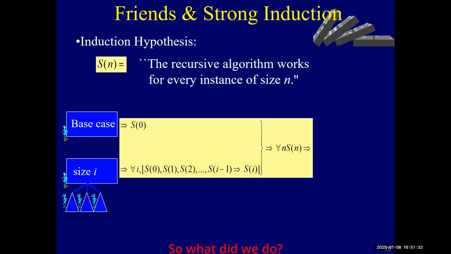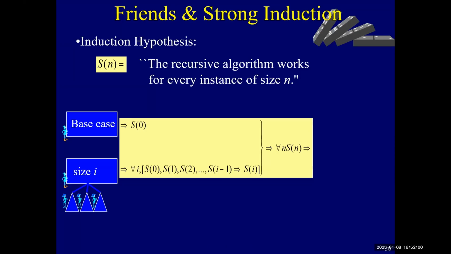So what did we do? We wrote code that proves, what's the base case? Well, the base case should work for inputs that are small. So let's call that S of 0, inputs of size 0, 1, 2, 3, small inputs. The base case proves that the program works for small inputs, right?